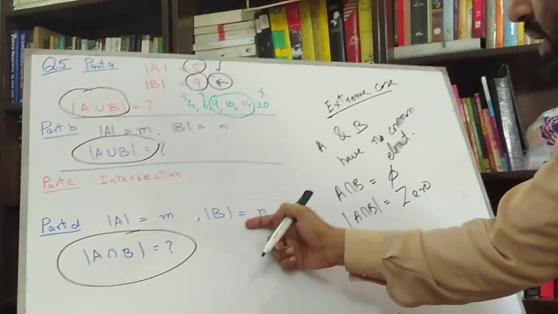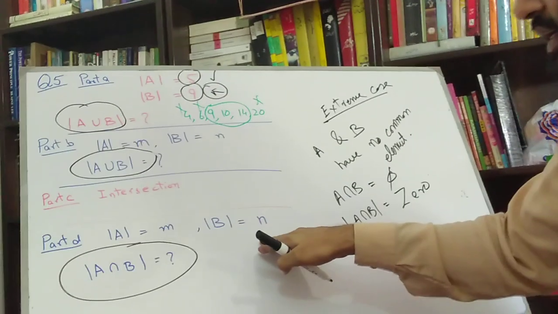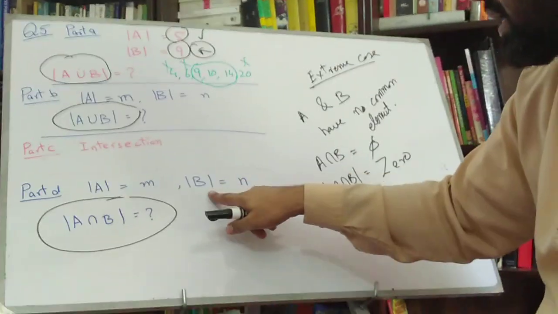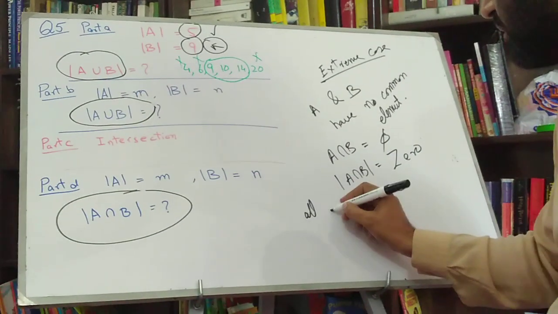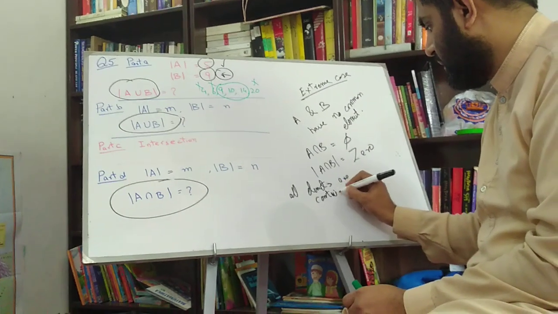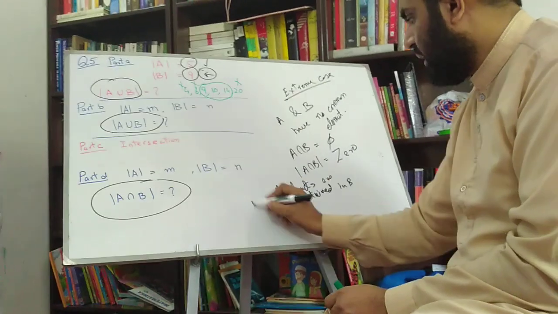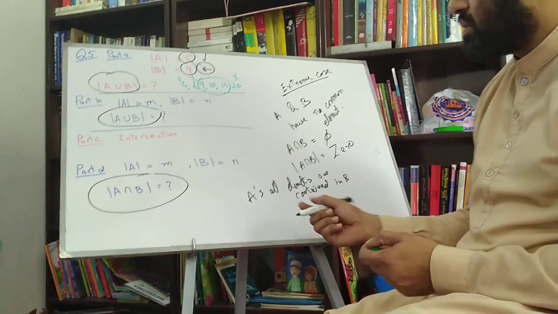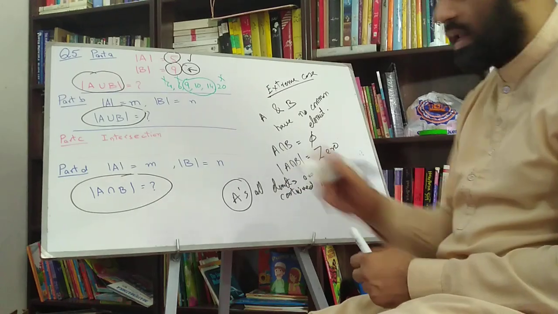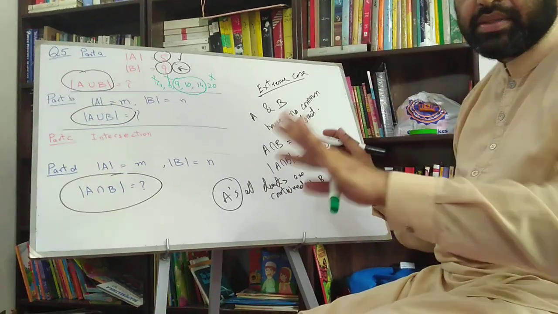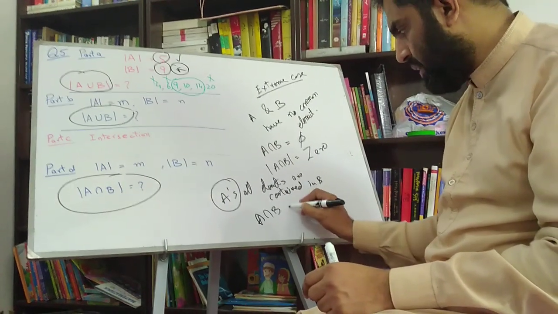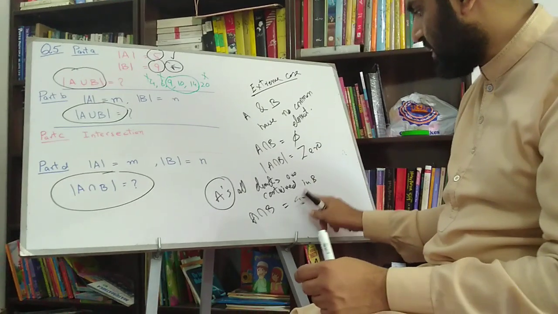The other extreme case is when one set is completely contained in the other set. Suppose A is smaller than B. So all elements of A are contained in B. What will be the size of the intersection? The common elements of A, because these are contained in B. So all elements of A are there in set B. So A intersection B will simply be the set A, because A is smaller.